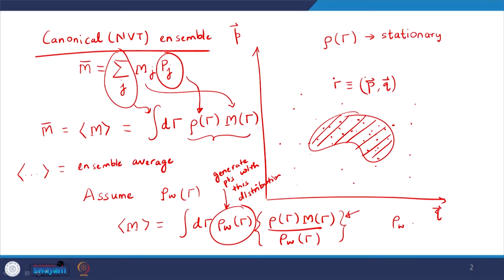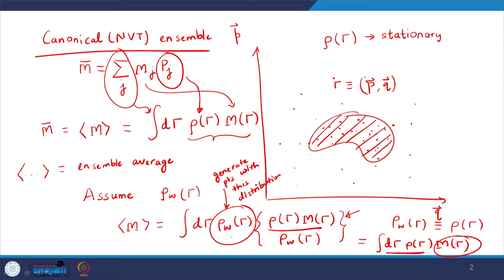Now, a clear choice, you may imagine, is to take rho_w(gamma) to be rho(gamma), the same as the probability density that is present. Then we are pretty much sampling according to the rho(gamma) distribution, and I will be simply averaging over the M(gamma) values.